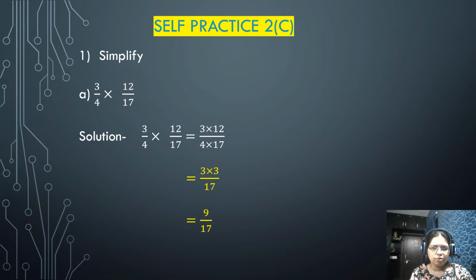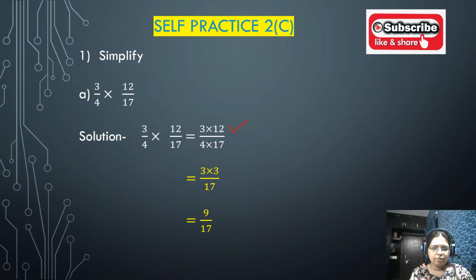3 multiplied with 12, and the denominators are 4 in the first fraction and 17 in the second fraction. Multiplying the denominators, that is 4 multiplied by 17. The product of the numerators, 3 multiplied by 12, is 36, so we have 3 multiplied by 12 divided by 4 multiplied with 17.